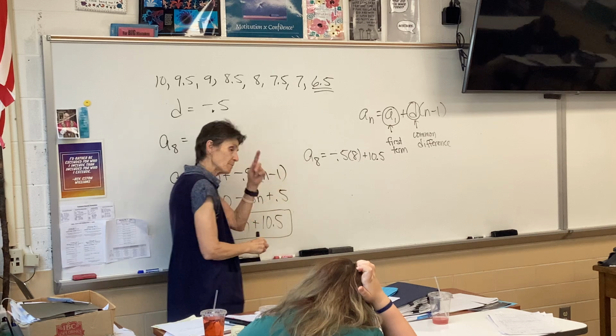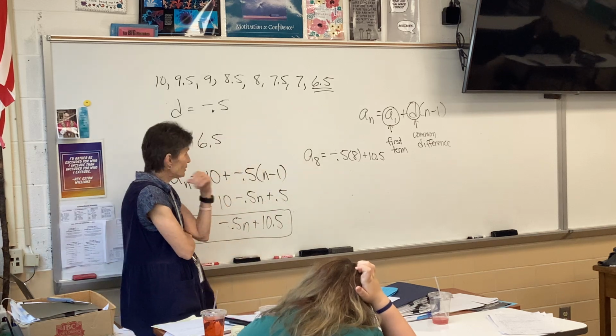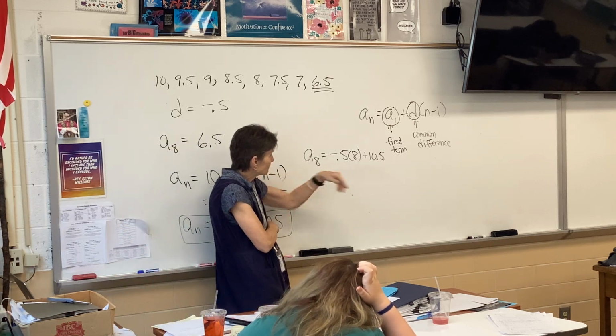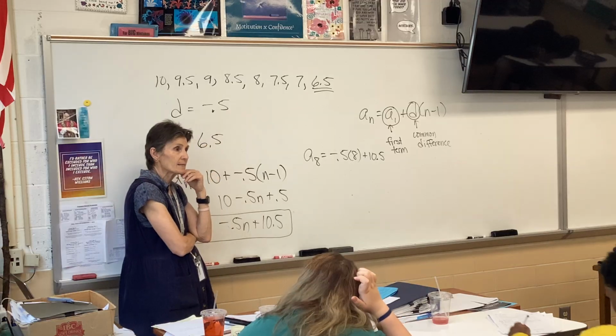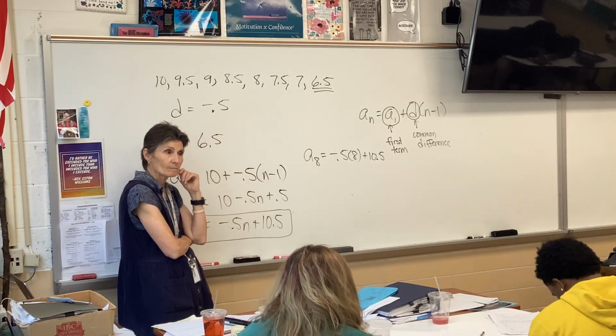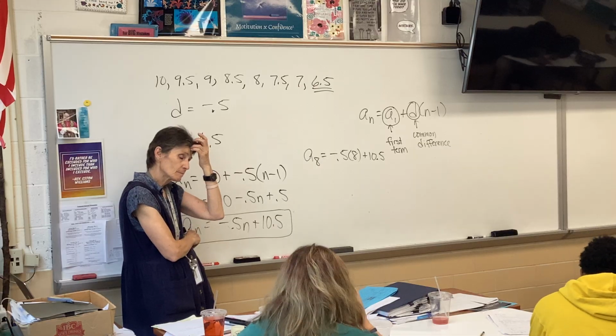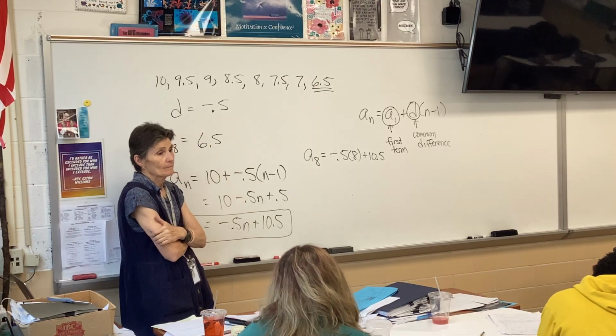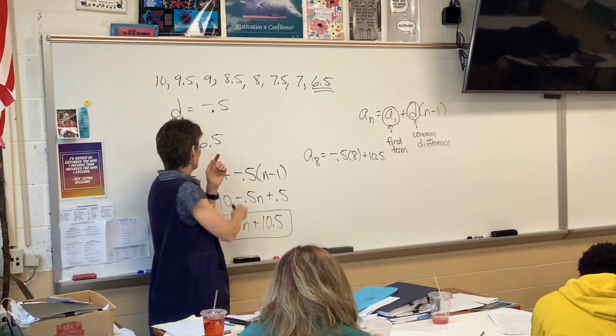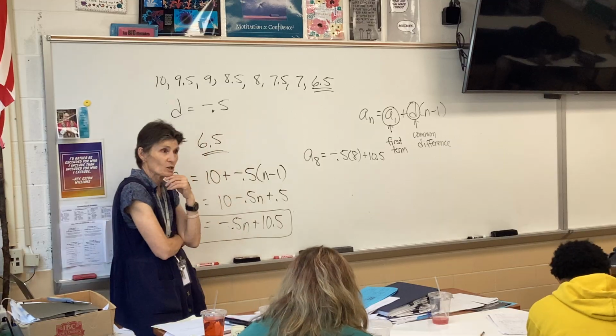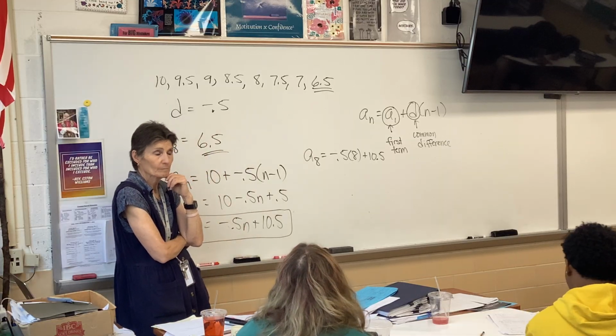Would somebody type that in on the calculator? What do you get if you take negative 0.5 times 8 and add 10.5? 6.5, which is exactly what it should be, right?